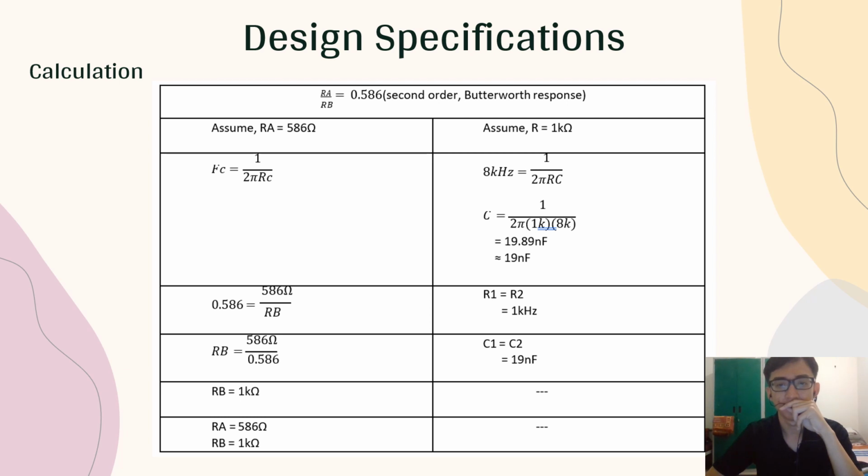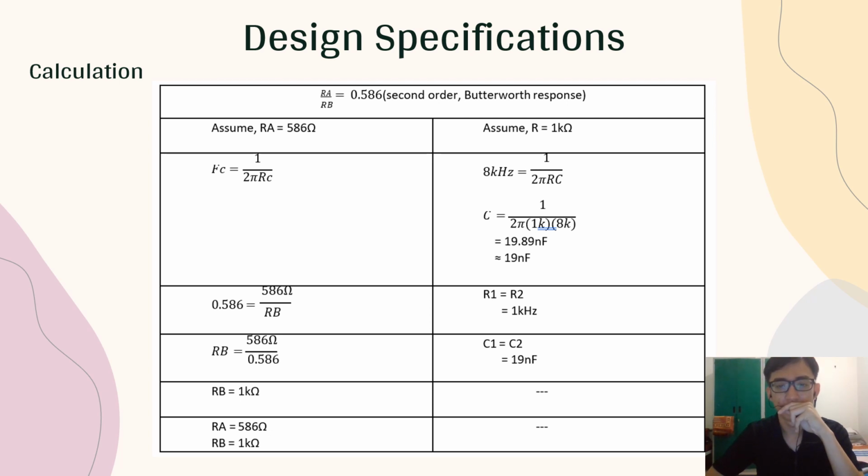So we put in the value 8 kilohertz equals 1 over 2 pi RC, and C is 1 over 2 pi times 1 kilo times 8 kilo. So we get 19.89 nanofarad, which is approximately 19 nanofarad.